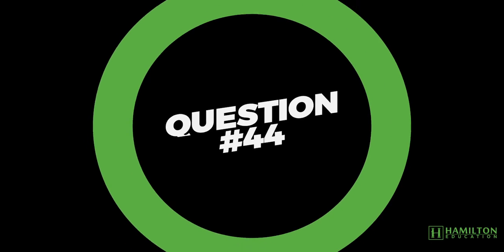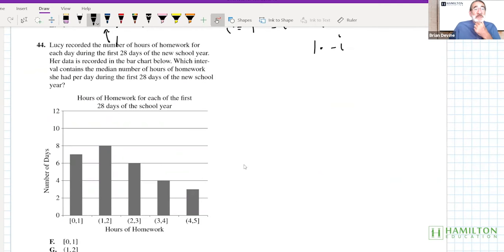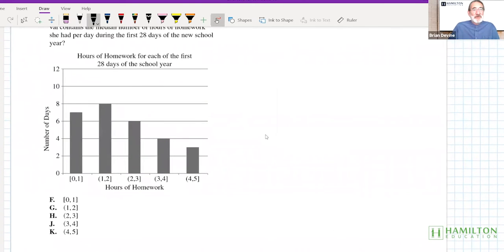For number 44, Lucy recorded the number of hours of homework for each day during the first 28 days of the school year. Her data is recorded in the bar chart below. Which interval contains the median number of hours of homework she had per day during the first 28 days of the new school year? Well, the median would be in the middle.